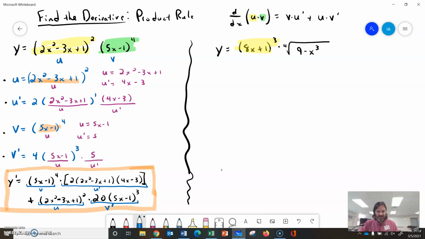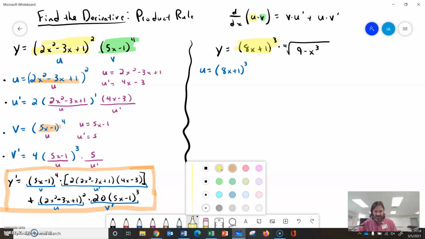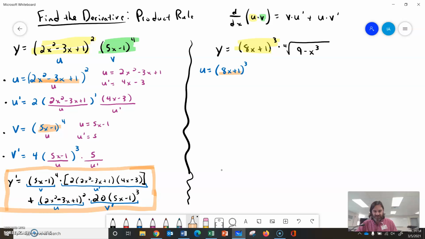So let's just rewrite that. u equals 8x plus 1 cubed. We're going to go for a u prime. So let's just look at what's inside here. That will be my u, 8x plus 1. So if u equals 8x plus 1 for my chain rule, then the u prime will be 8.